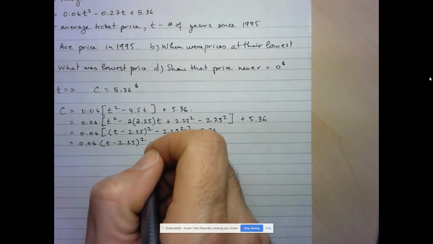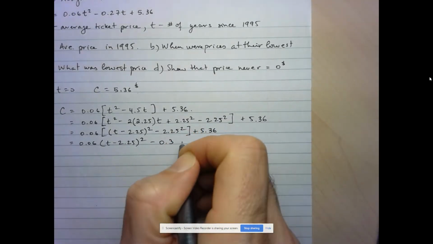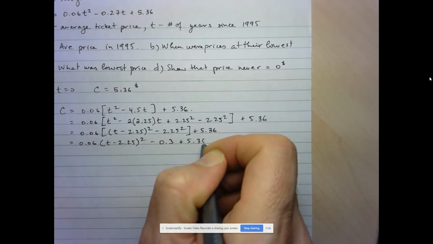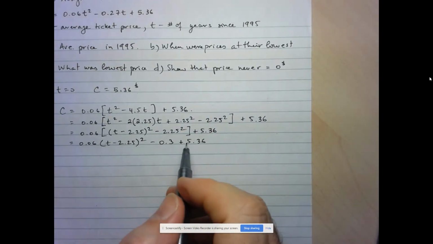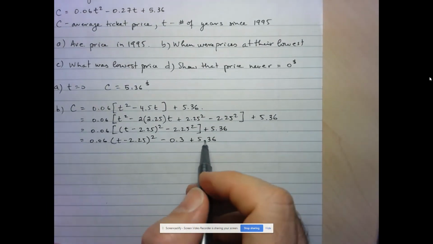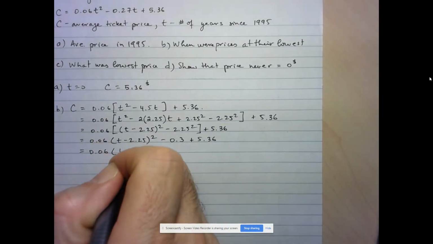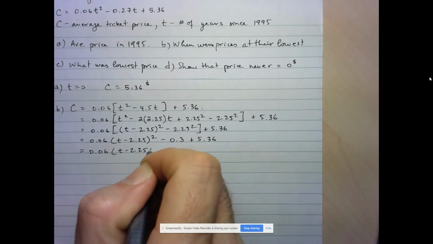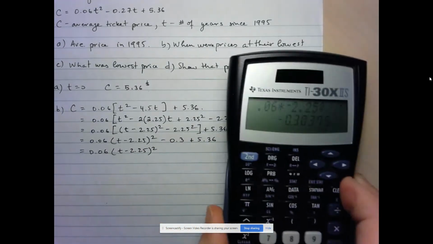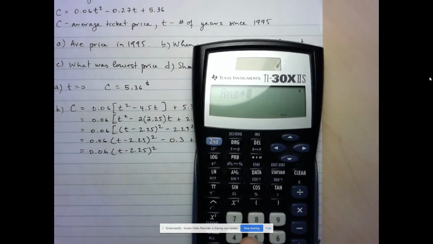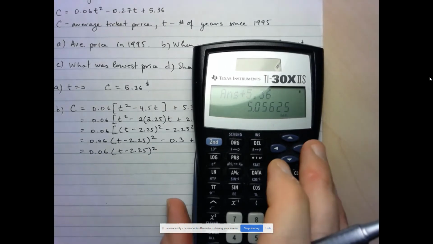So that's minus 0.3 plus 5.36. Now we'll bring in this 5.36 to simplify. So 0.06 times t minus 2.25 squared, and then here we're going to add 5.36 minus 0.30, so 5.06.